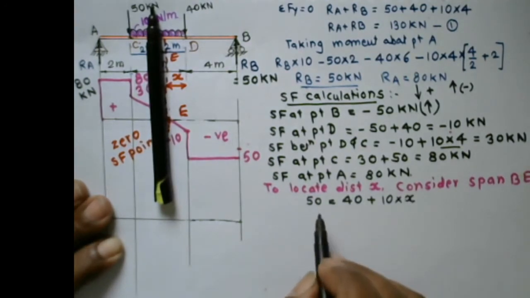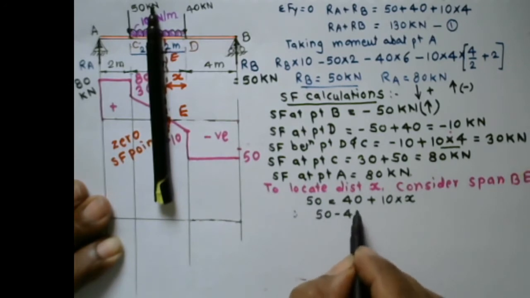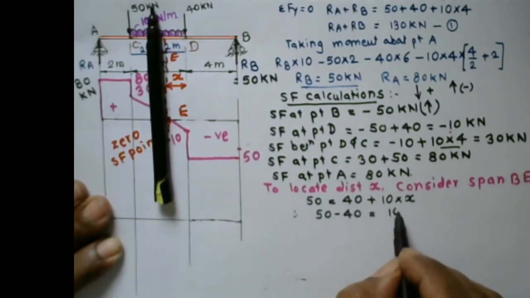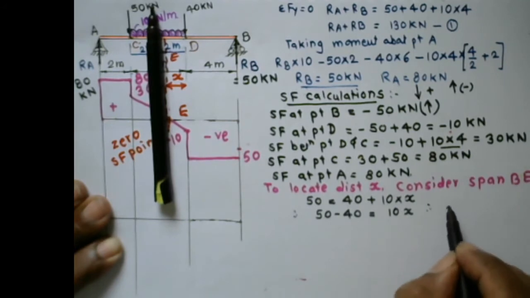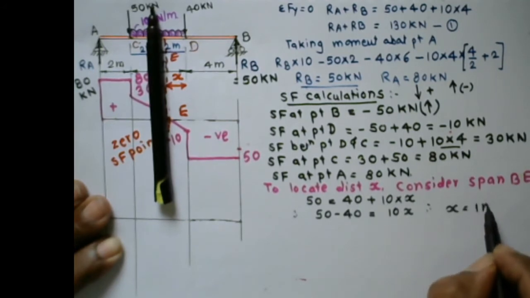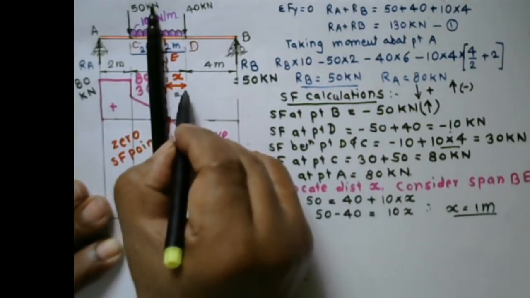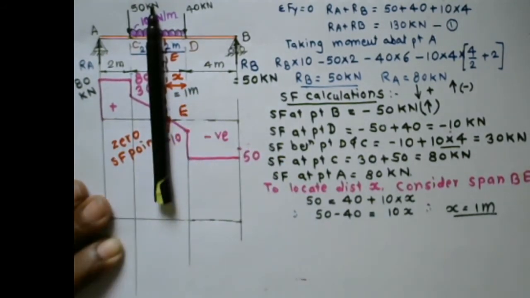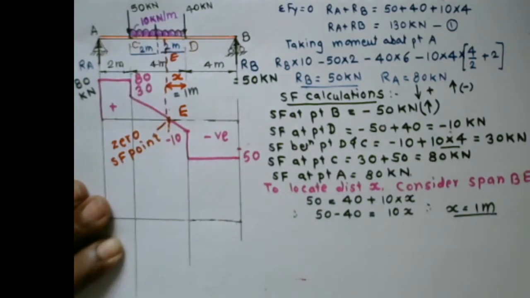So in that case 50 minus 40 is equal to 10x, therefore x is equal to 1 meter. In this way we have to find out the position of zero shear force.